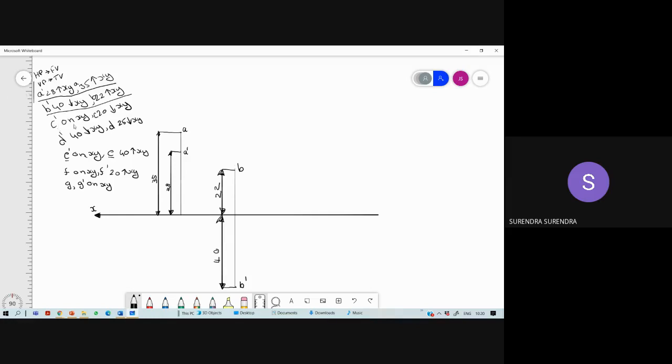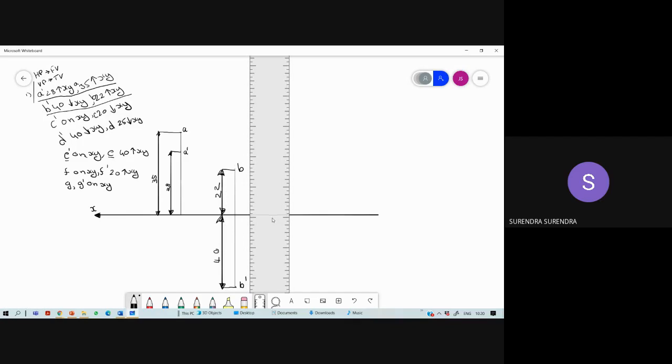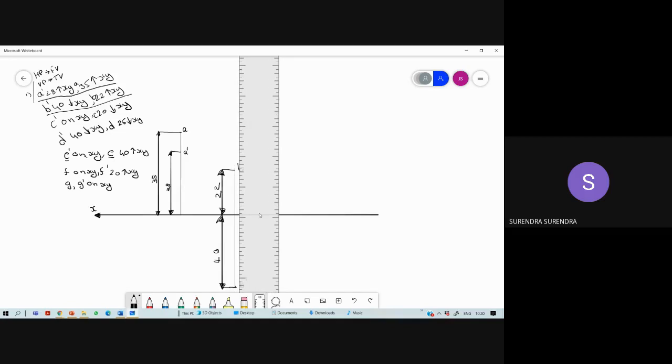Now coming to the third one, C dash on the XY line and C 20 mm below the XY line. So the line exists only on one side, as one point is on the XY line. From here, draw a vertical line downward.